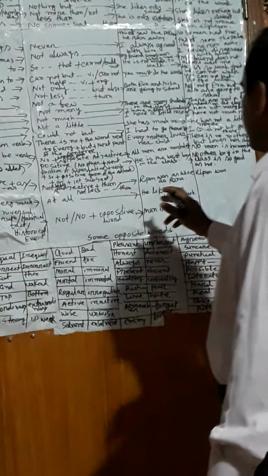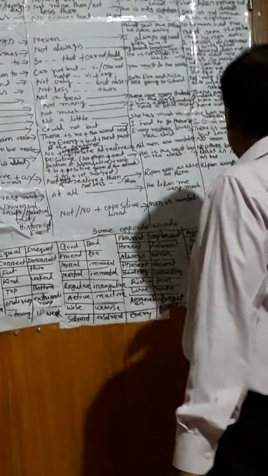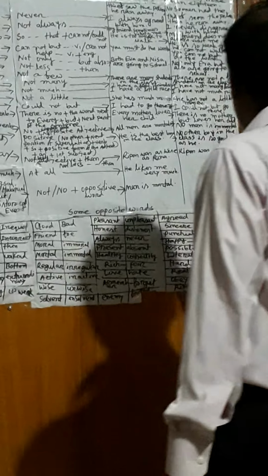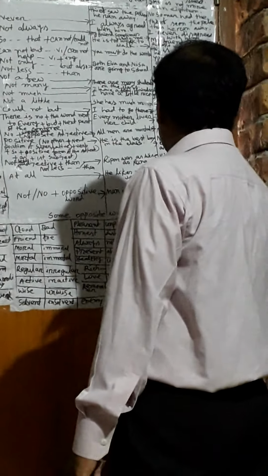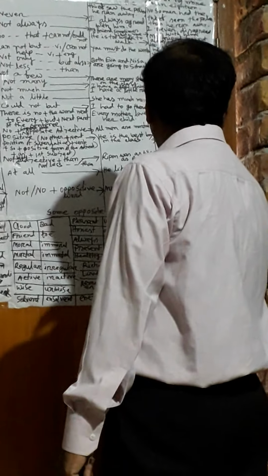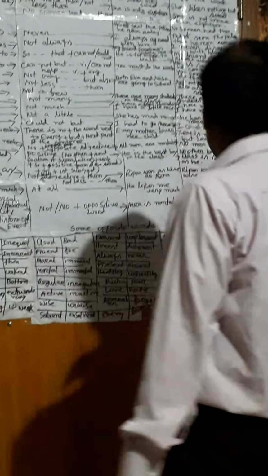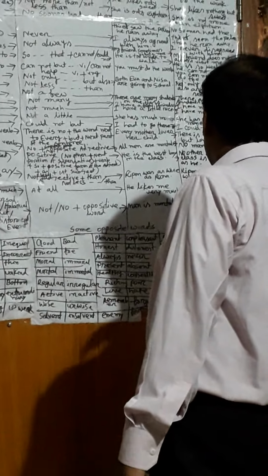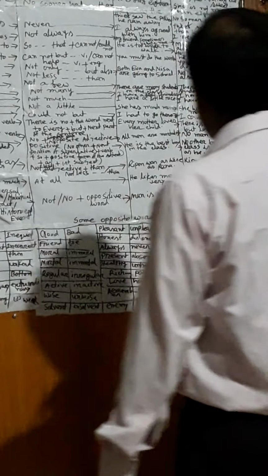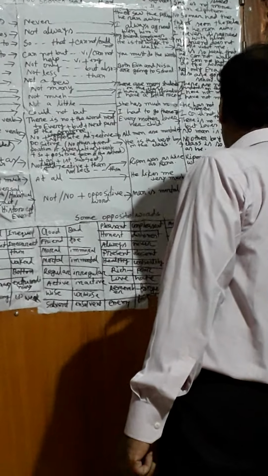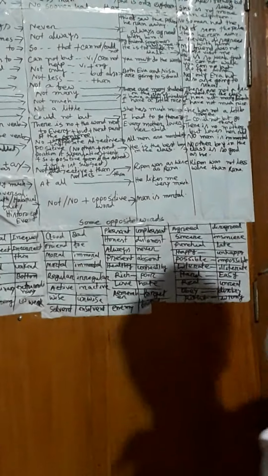Instead of the first as you have to use not less, not less. Then the adjective, here the adjective is wise. Then you have to use than instead of the next as, then the next portion of this sentence, and that is Rana. Ripon was not less wise than Rana.